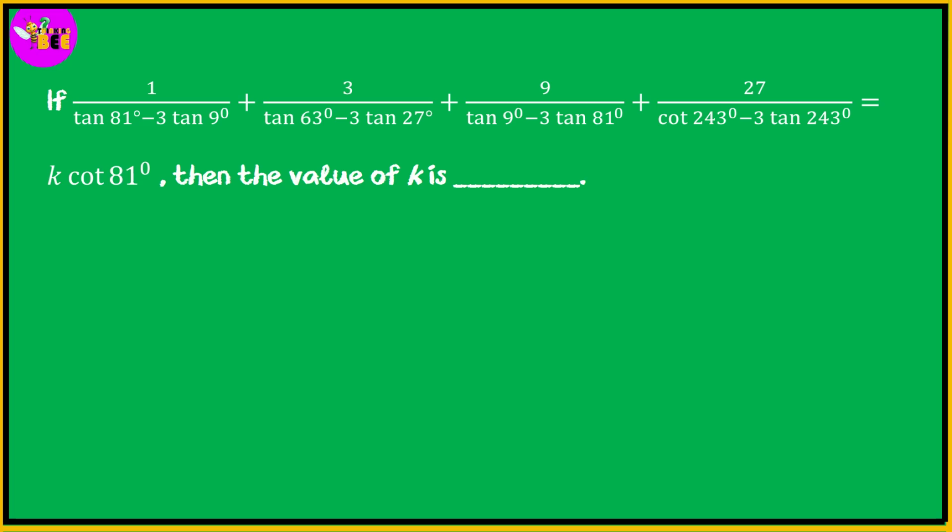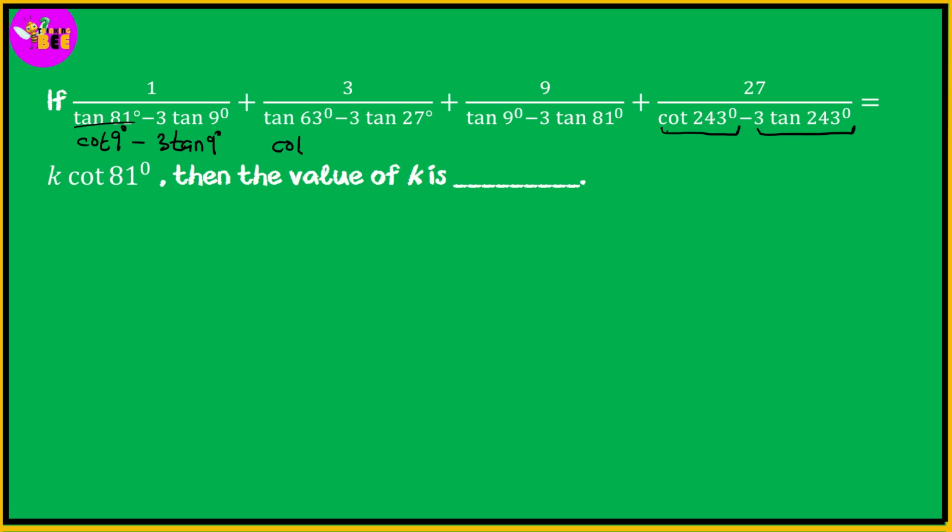Now, let us observe the question and try to find a pattern in all of these terms. If we look at the last term, it is written as cot of an angle minus 3 times the tan of the same angle. If we look at all of the other terms, we can also rewrite them in that form. Tan 81 is cot 9 degrees.